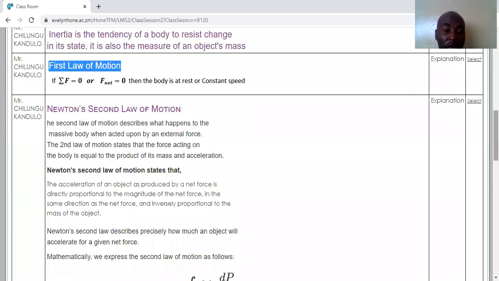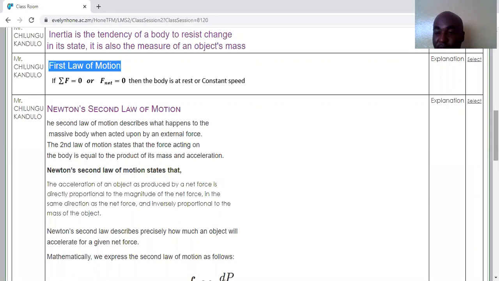The second law of motion states that the force acting on a body is equal to the product of its mass and acceleration. You can say that. There are so many statements.